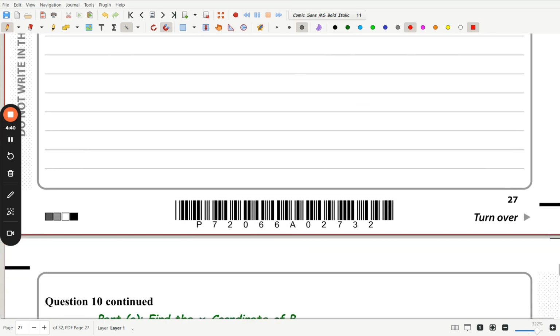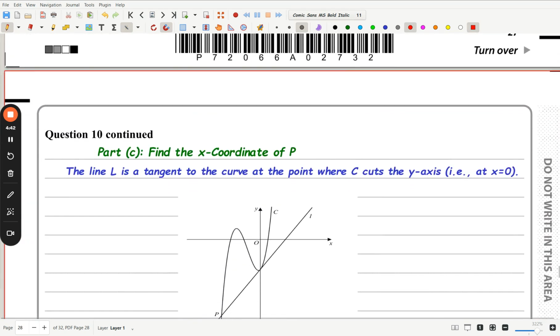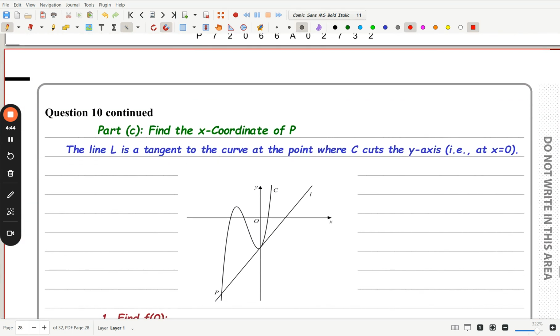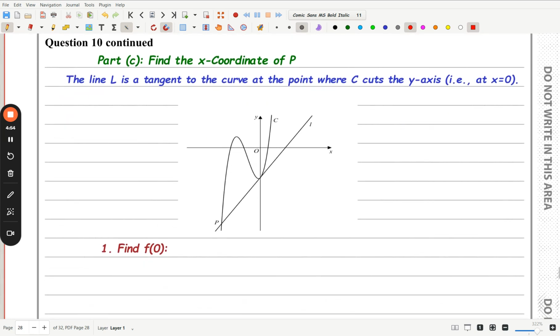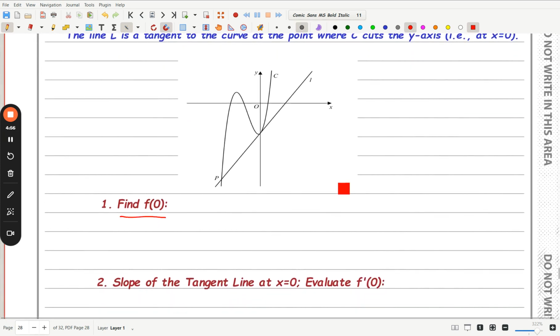Now for part C, find the x-coordinate of P. The line L is a tangent to the curve C at the point where C cuts the y-axis, at x equal to 0. So first of all, we need to find f of 0 because we need to know the y-intercept here to be able to write the straight line equation.